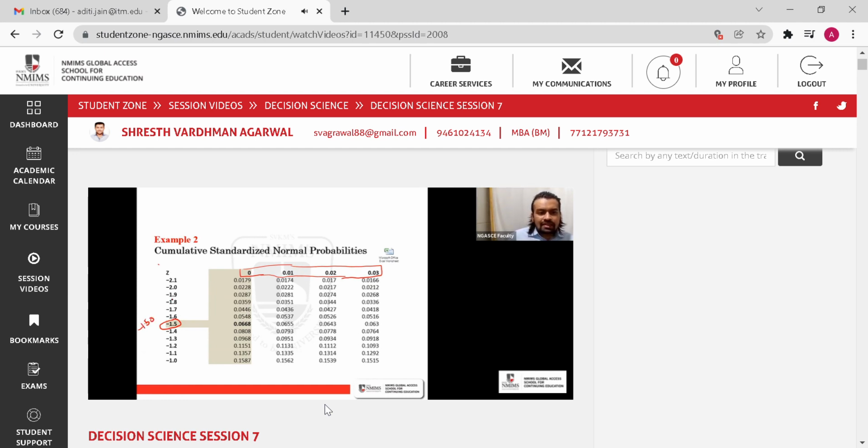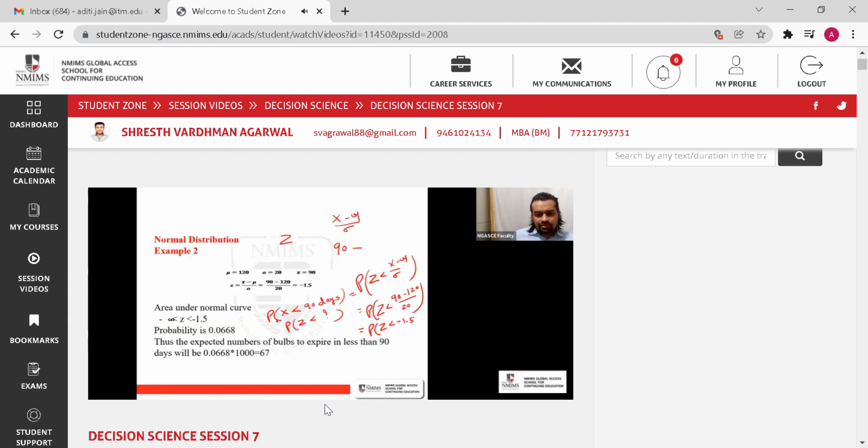The second decimal place is 0, so this one. The first decimal place is 5, and the integer figure is -1. So this column can be selected, this row can be selected, and this is the intersecting point. So this is the appropriate value for us. So the probability is what? The probability of this.